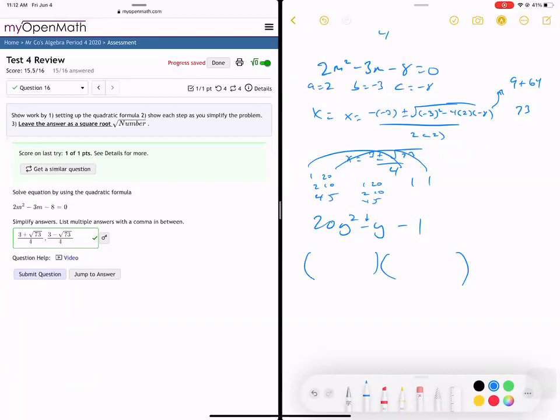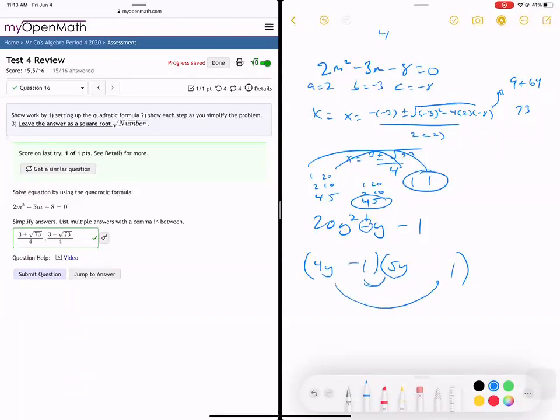Jasmine, which one works for you? Which of these subtract out to become 1? 1 and 20, 2 and 10, or 4 and 5? Got it. So it's actually 4y, 5y, and the back numbers have to be 1 and 1. 1 times 1 is the 1. Now we need the negatives to win, so we need more negatives than positives.